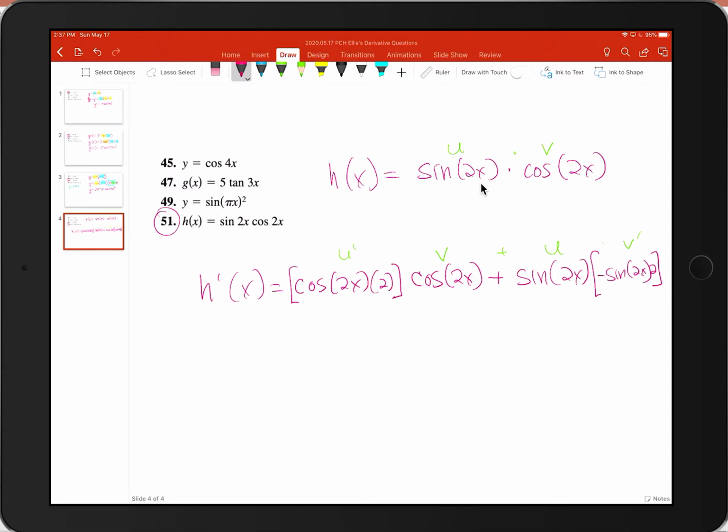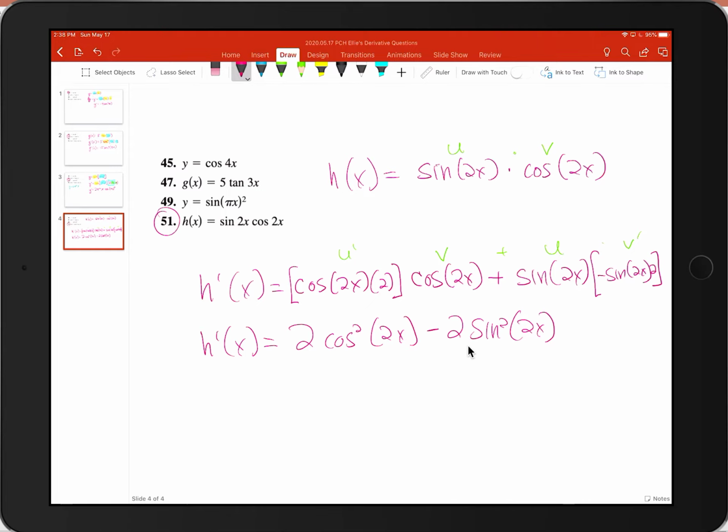So when I simplify h prime of x, I get 2 cosine squared 2x minus 2 sine squared 2x, which is probably not the answer you'll see in the back of the book.